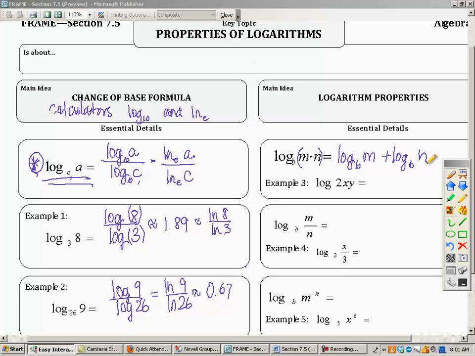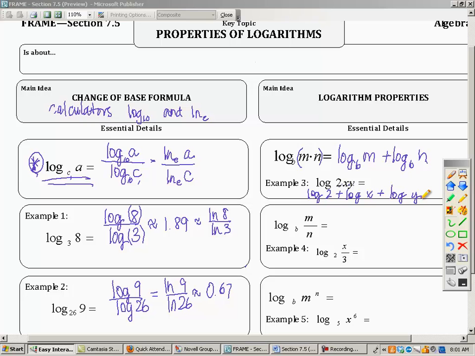So if I have 2 times an x times a y, you'll notice now I have 3 separate quantities, which means I should have 3 separate logs. As I look at this, and I'm going to write it underneath so I have enough room, it's the log of 2 plus the log of x plus the log of y.